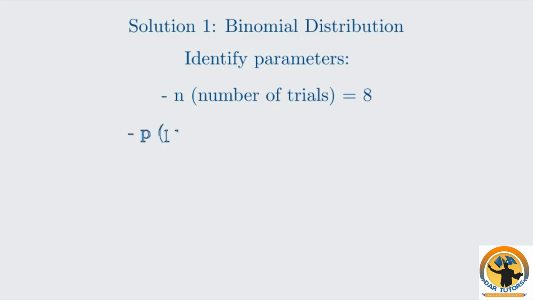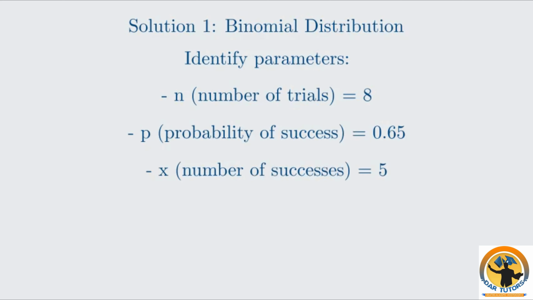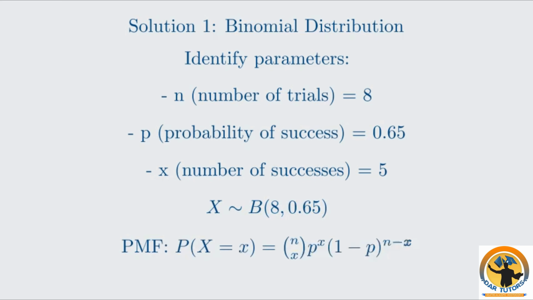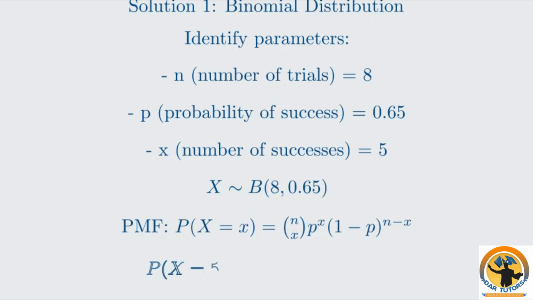Let's look at the solution to question 1. First, we identify this as a binomial distribution since we have a fixed number of trials, 8 questions, and 2 outcomes, correct and incorrect, with a constant probability of success, 0.65. So X is distributed as B(8, 0.65). We want to find P(X = 5).